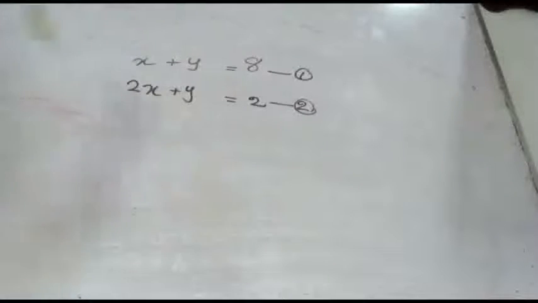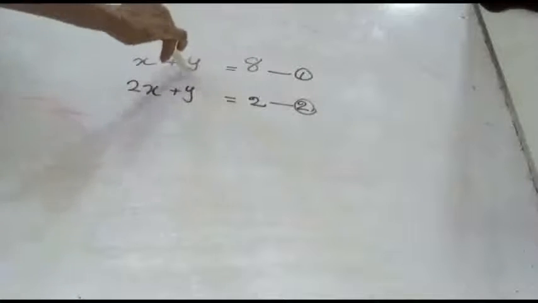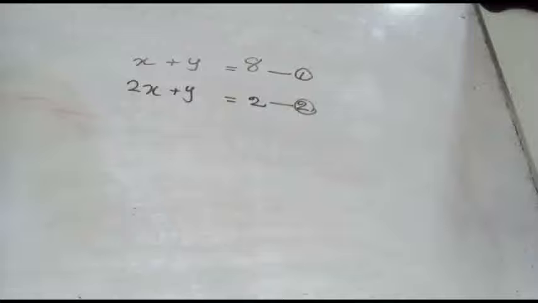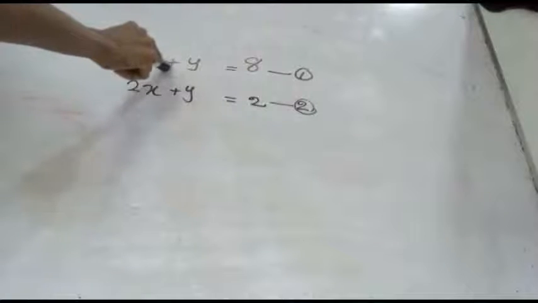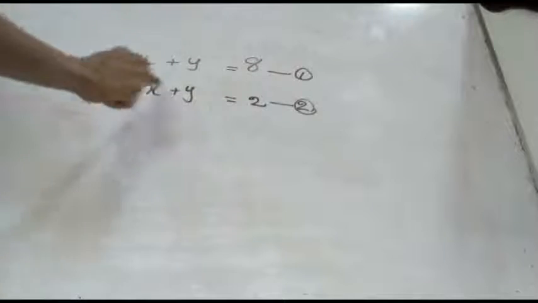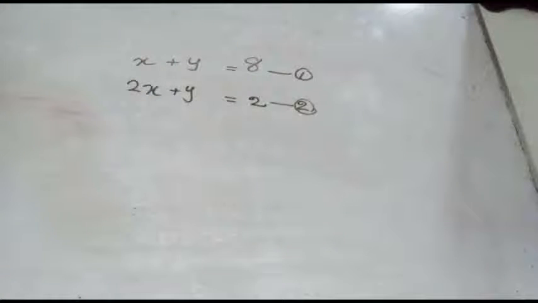Here the coefficient of y is plus 1, and here also plus 1. The signs are plus and plus, so we can't cancel y by adding.